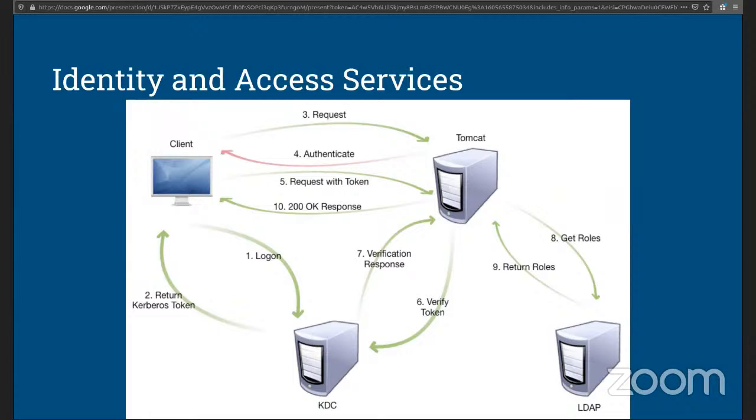The entire process is internal and transparent for a user. So when a user wants to connect, they have to get a ticket. That ticket has to be taken to another system to get authenticated, that request gets verified, and the response comes back. Any roles are given, and then that is sent back to the client.